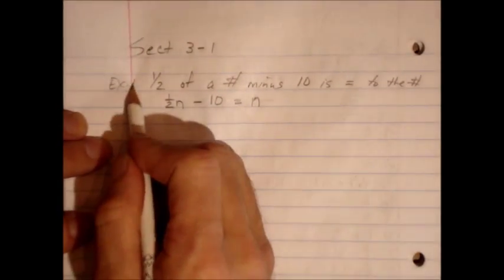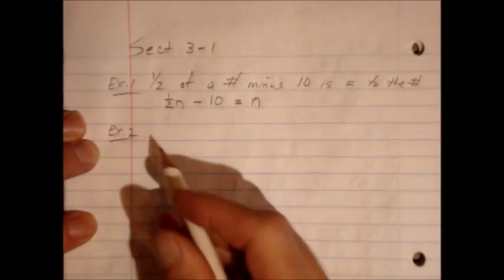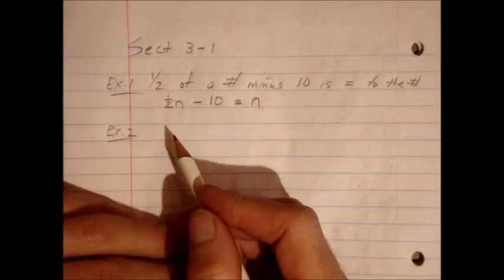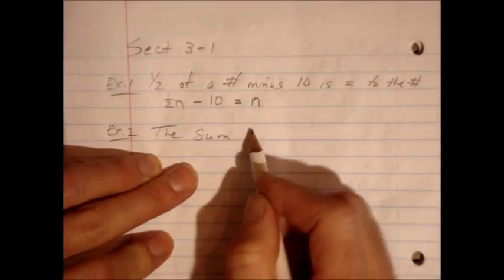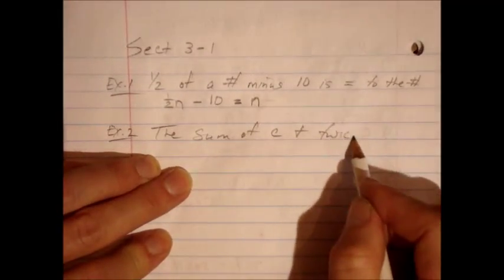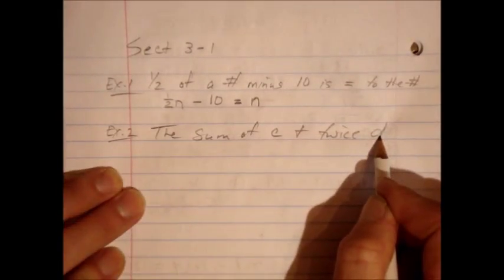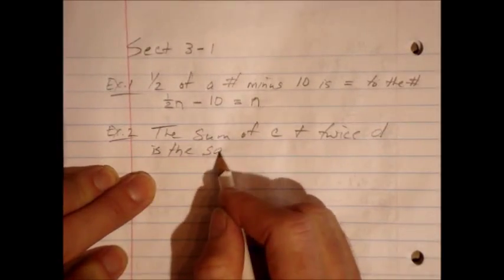How about example 2? How about the sum of c and twice d is the same as 20.